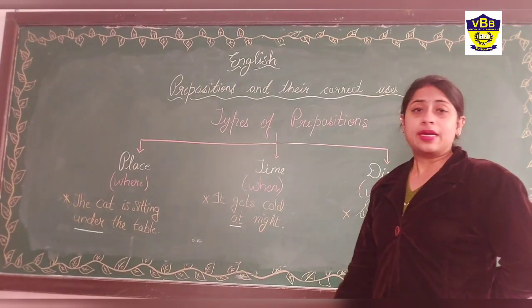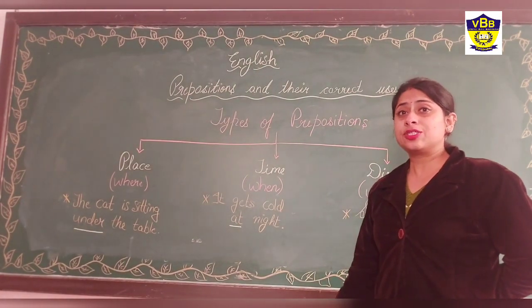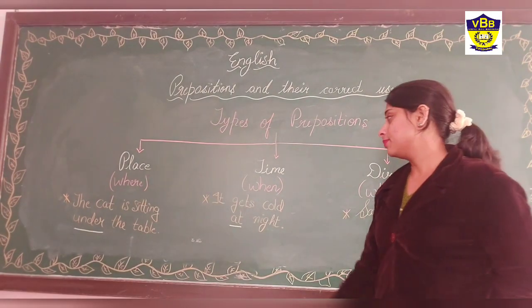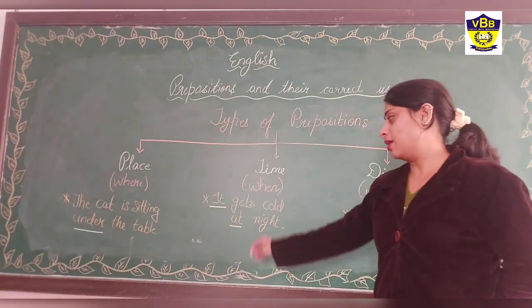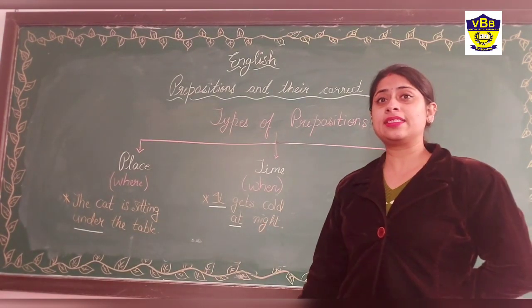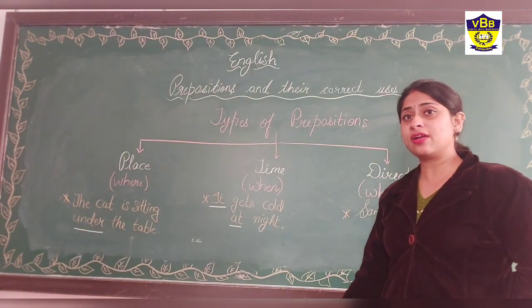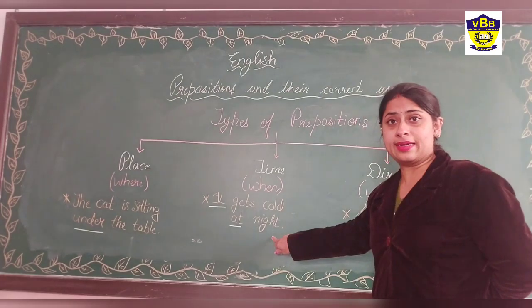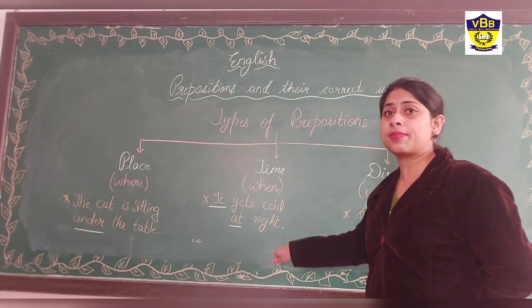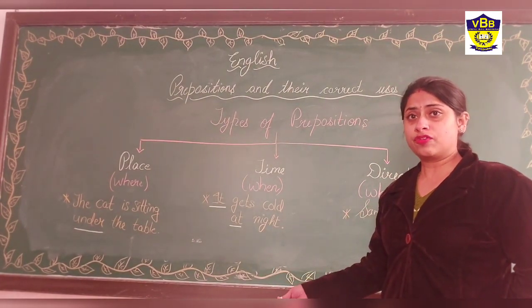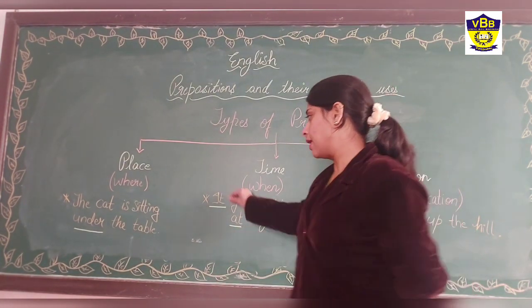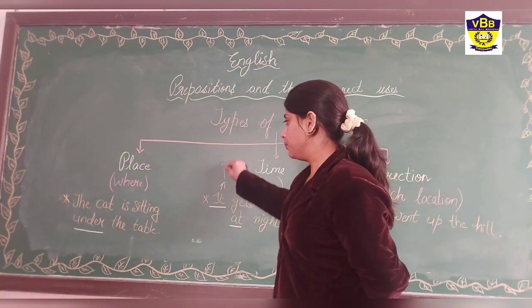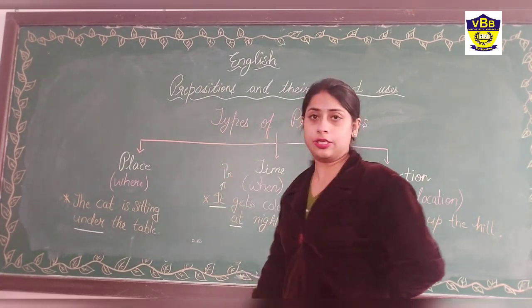Because it is forming a link of a pronoun with another word, and it is telling us when it is getting cold: at night. Night tells us about the time of the cold, right? So that's why we have underlined at here, and it is a pronoun here.